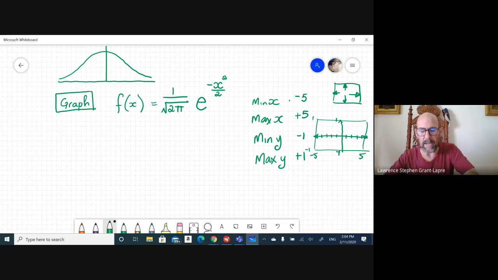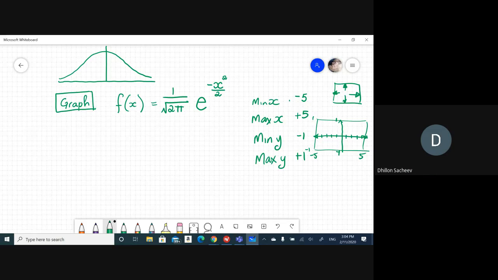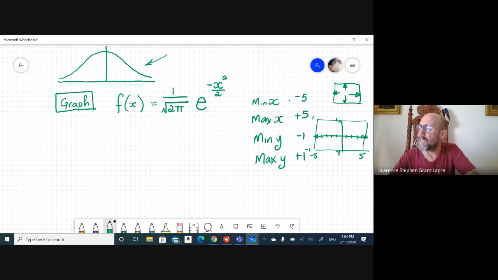All right, press on that. Then you have your x minimum to be -5, your x maximum to be 5, your y minimum to be -1, and your y maximum to be 1. That should do. Does it look like this?